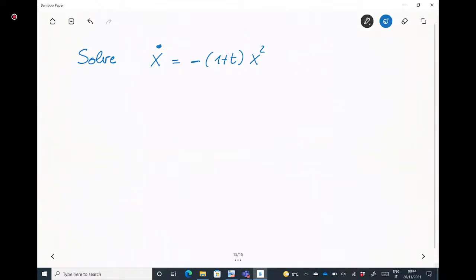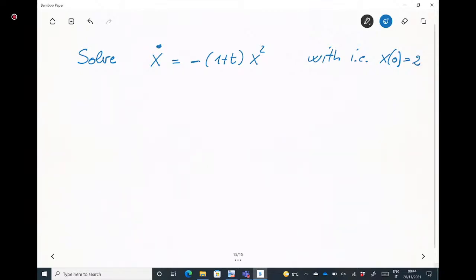We are just applying simple tools in a very friendly manner, but a problem like this, in which you are assigned a differential equation with an initial condition, x at time 0 equal to, for instance, 2.